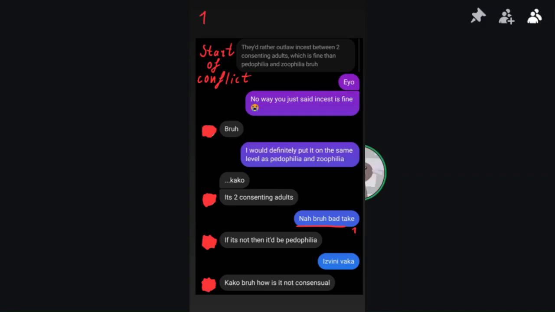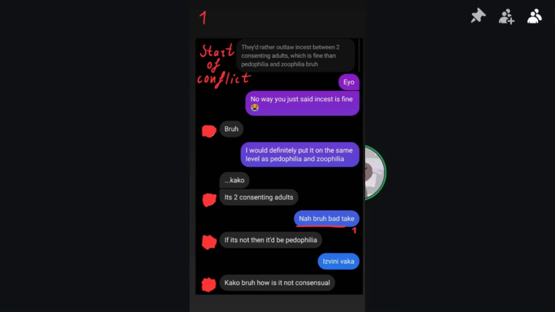During the conflict, they also move on to other heavy topics, including pedophilia, abortion, and trans people. During the conversation, they code switch between English and Macedonian. They also use profanity, presumably because they are close friends and they don't care.